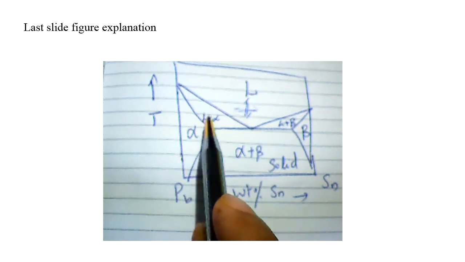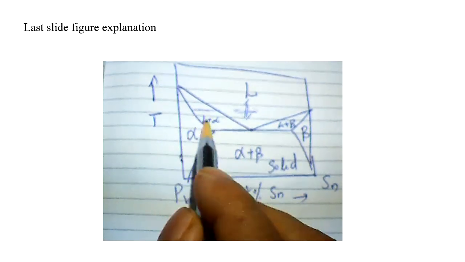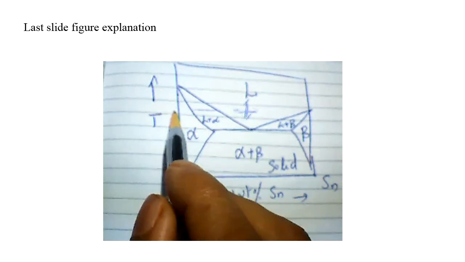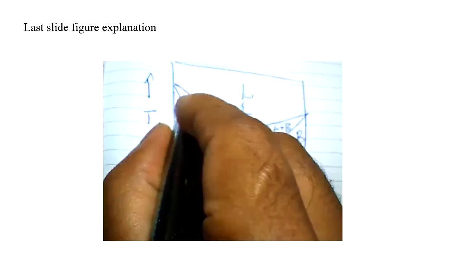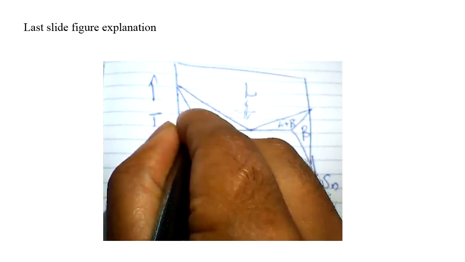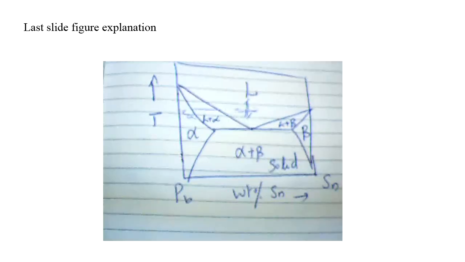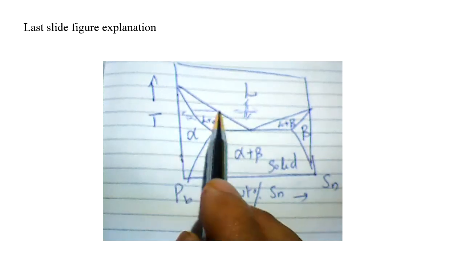For example, if you fix the temperature here, so this line represents a temperature. We fix the temperature to this particular value, so that we'll get one C alpha on this side. So this is C alpha here, and you'll get a Cl here.